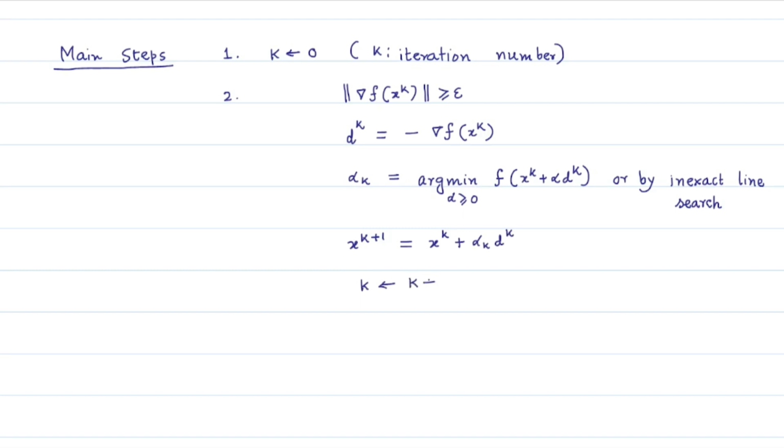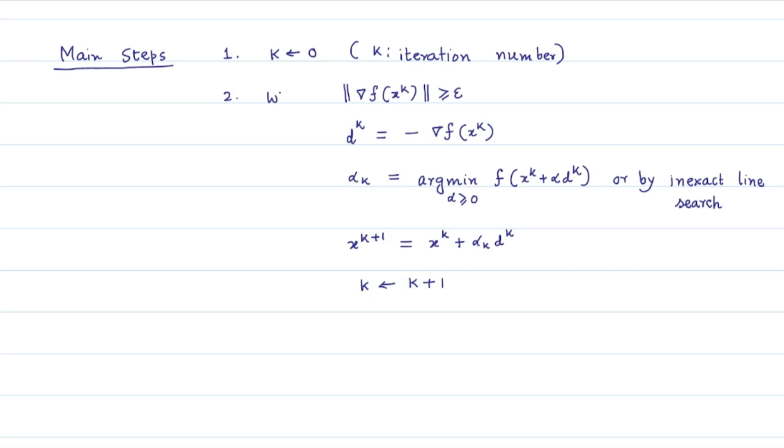So we take k to be now k plus 1, and then again check whether at the revised iteration point xk plus 1 the norm of the gradient is less than epsilon or not. If not, then keep on executing all these steps until you find a point xk at which the norm of gradient of f(xk) is less than epsilon.